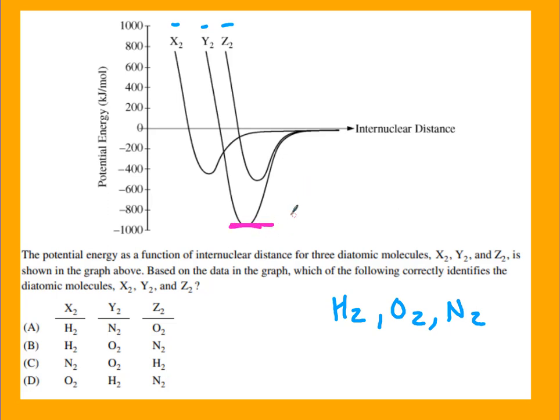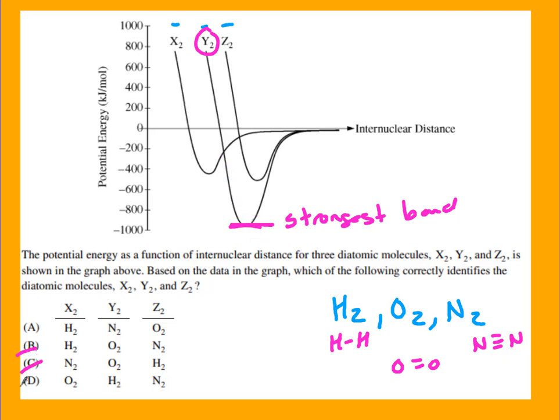That means that it's the strongest bond. HH is a single bond, OO is a double bond, and nitrogen is a triple bond. Well, a triple bond is going to be the strongest bond, so I know that Y2, which is this one, corresponds to the triple bond. Just knowing that, I know the answer is A.